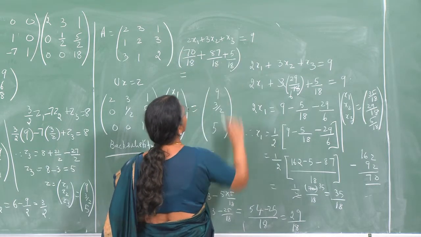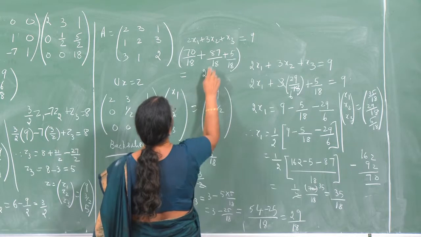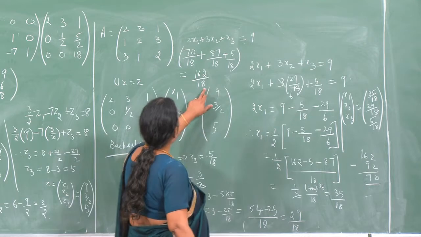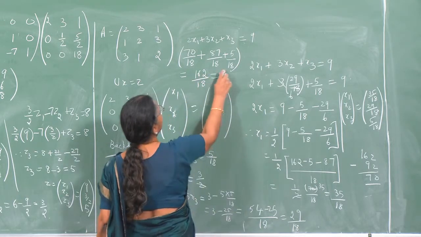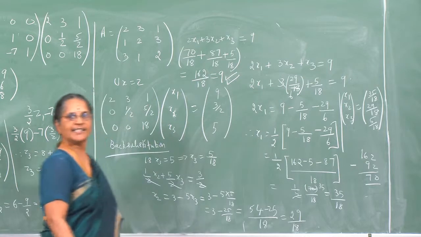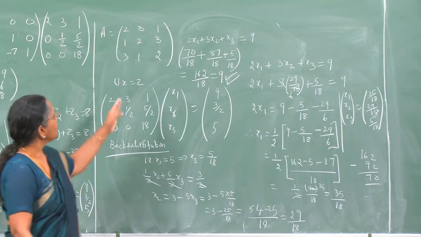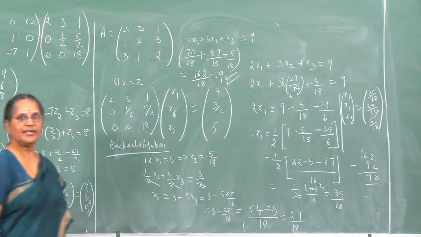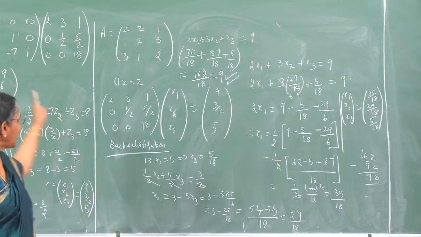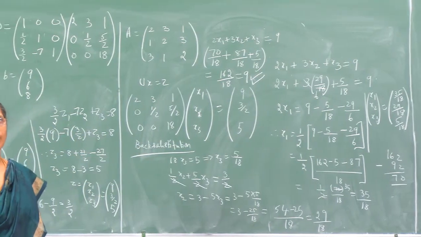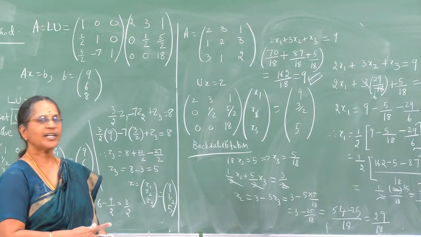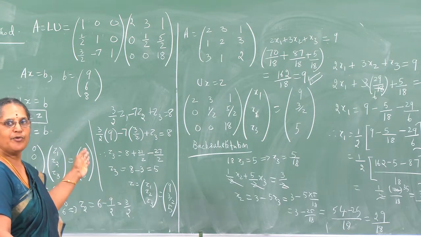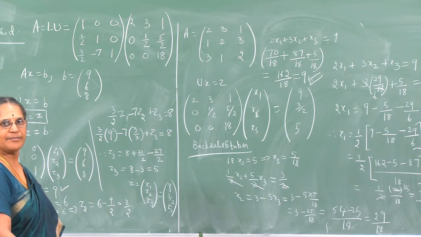Check whether this gives you 9. And this is 9. So, that is equal to the right hand side. So, when you verify that your solution is correct, then you can be confident that your calculations are correct. So, it is always better that you ensure that at each step of your computation, your computed result is a correct result.